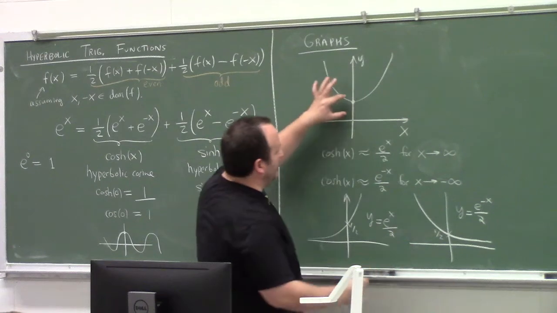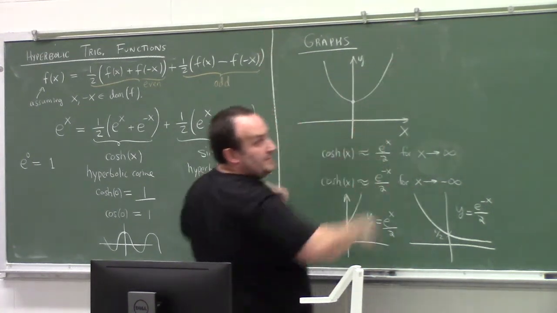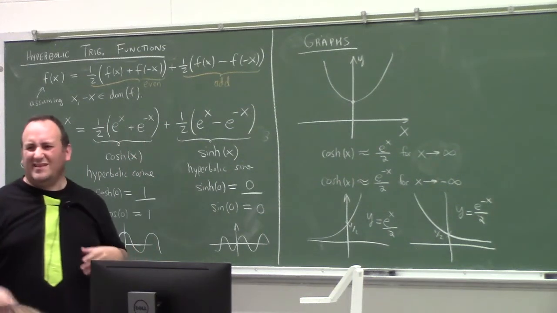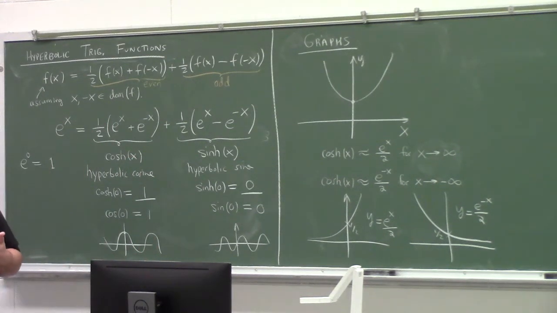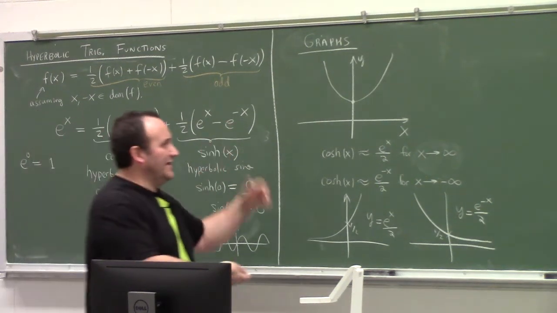When you add them together, you get 1 here, and then they both blow up, going in either direction. It roughly resembles y equals x squared plus 1, but that doesn't do it justice because it's got exponential growth on both sides. It's going super steep, right? That's what cosh looks like.